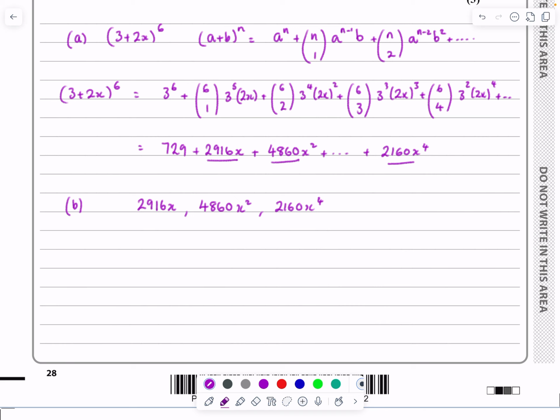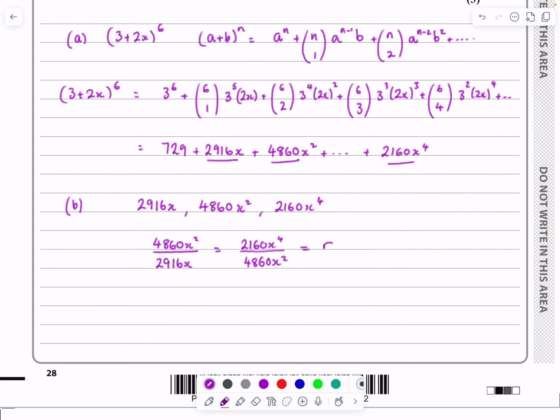So if they're in a geometric series, this divided by this is equal to r, and this divided by this is equal to r. So they're all equal to each other. Let's tell the examiner what I'm saying here. I'm saying that 4860x^2 over 2916x is the same as 2160x^4 over 4860x^2, and they're equal to r.